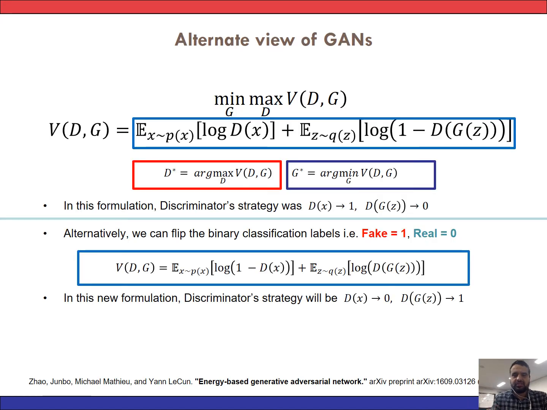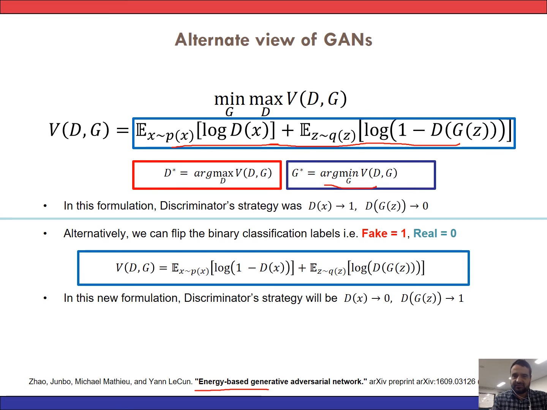Similarly, to solve the gradient vanishing problem, this paper tried to modify the objective of the vanilla GAN. So this is the objective for the vanilla GAN, where we are maximizing this objective for the discriminator training and minimizing this objective for the generator training.